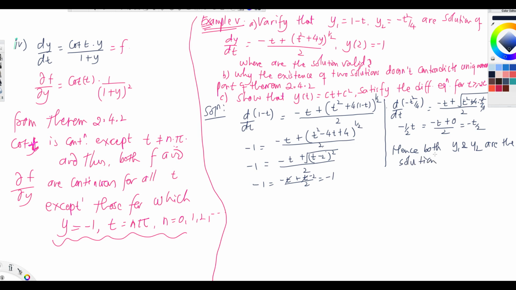Okay, now what we want to do next is find out where the solution is valid. Find out the interval of validity. So what are the conditions for the validity of the solution?